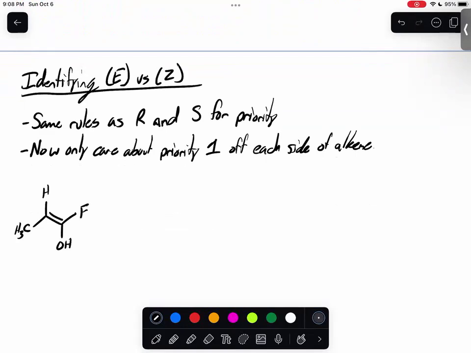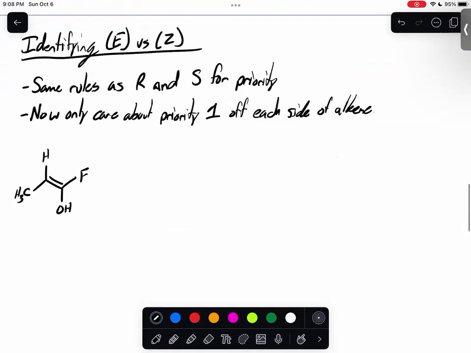Okay, so if we wanted to say whether or not this is E or Z, the first thing we want to do is cut the alkene right down the middle here. Because the left versus the right side are the ones that we're looking for who has the highest priority on each. So on the left side, we're comparing a hydrogen and a CH3, right?